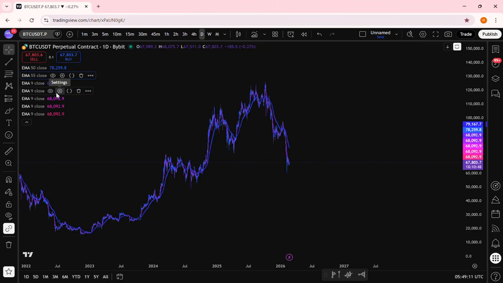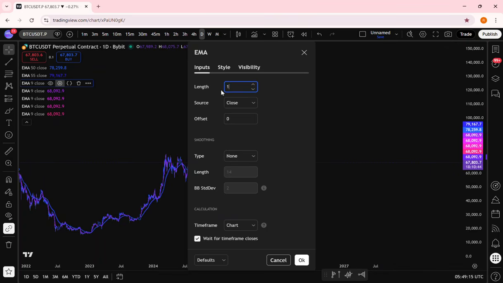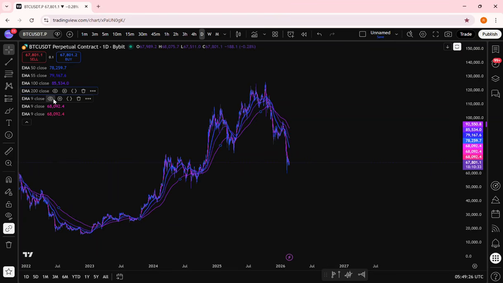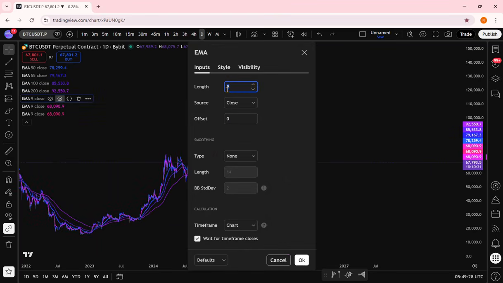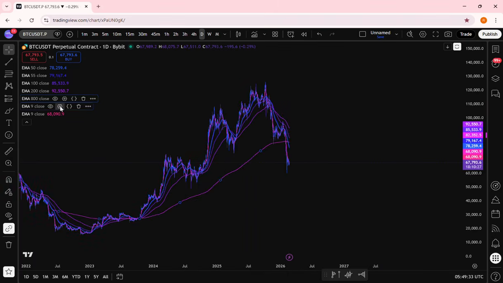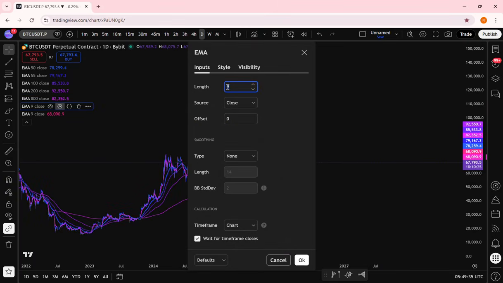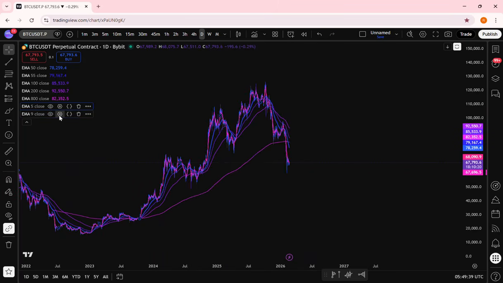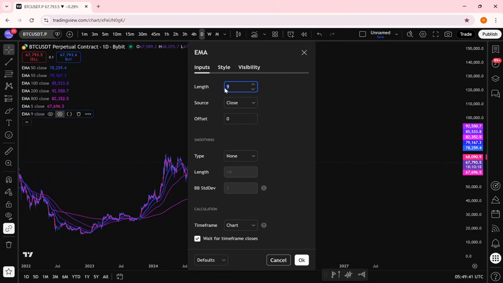And the third one is going to be the 100. And the fourth one is going to be the 200. Fifth one is going to be the 800. And we're going to need the 5. And 13.